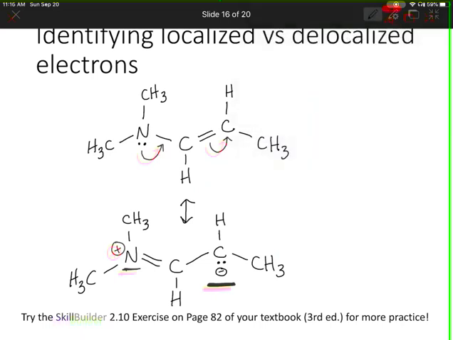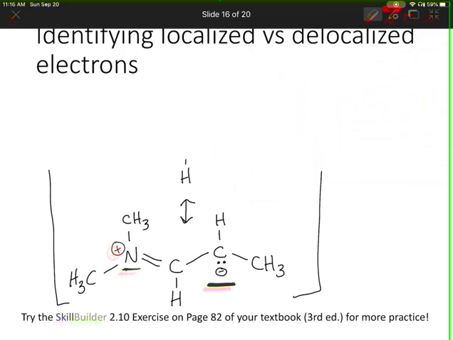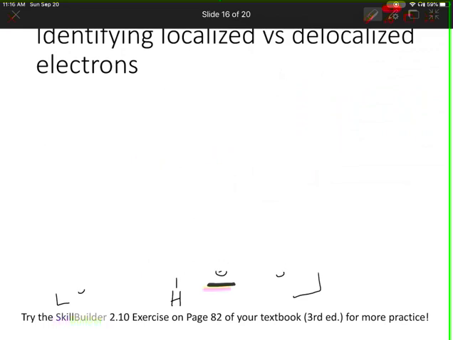So what we end up with is, again, a hybrid structure. So I'm actually going to erase these and show you the hybrid structure. And remember, you can always rewind these videos if you need to see the original structures again.